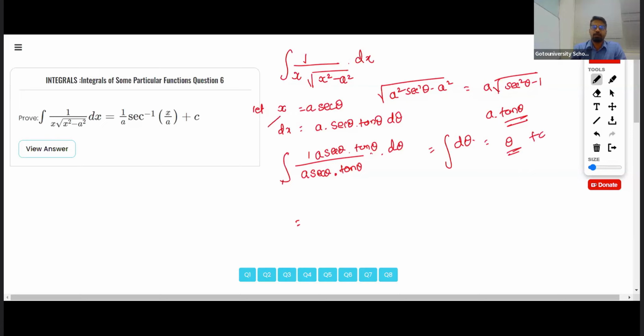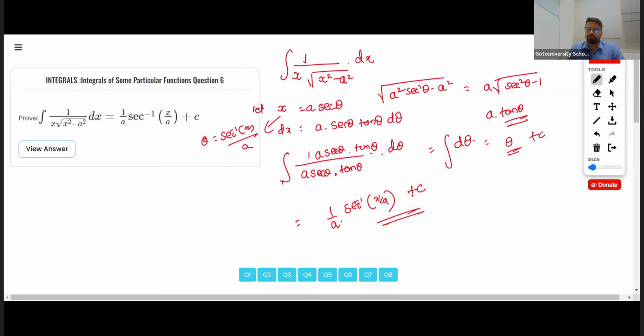But according to our question, what is theta? Theta is equal to secant inverse of x divided by a. So our problem simply becomes 1 by a times secant inverse of x by a plus c.